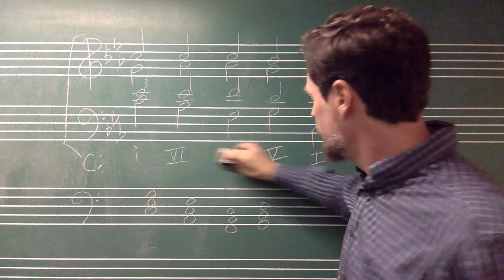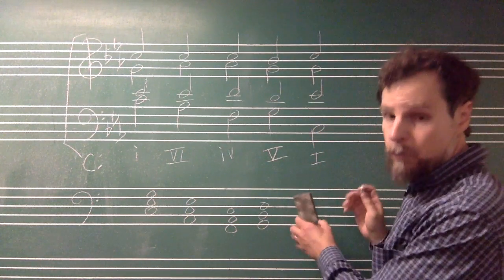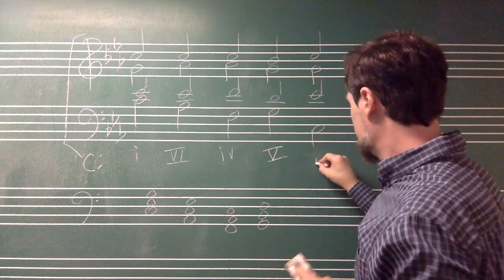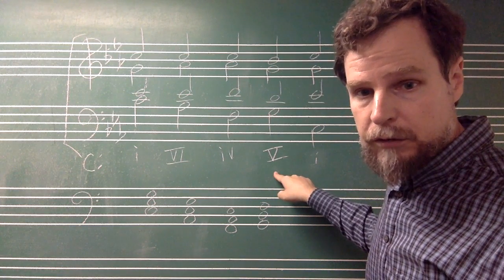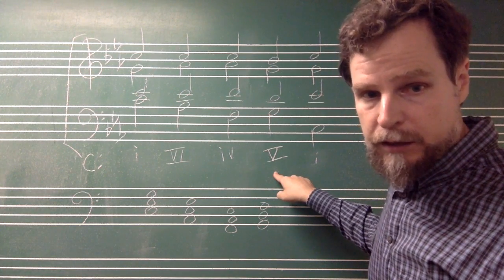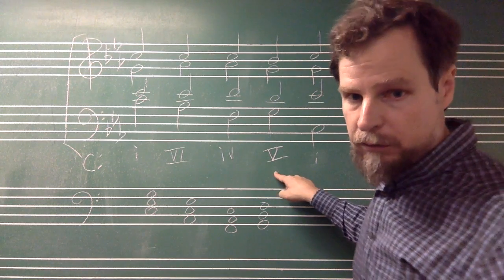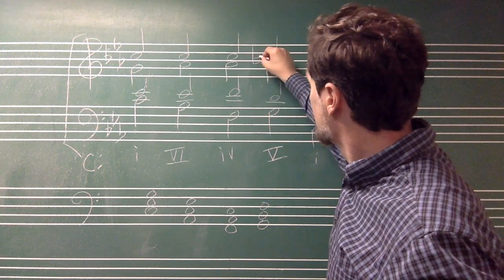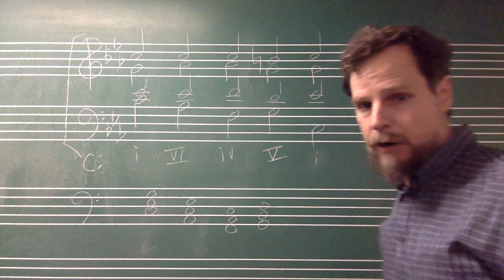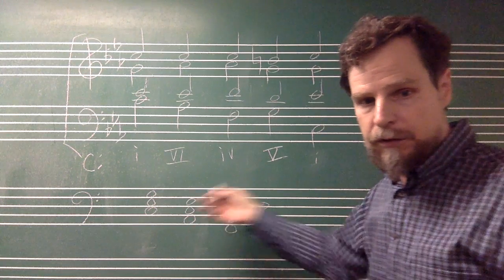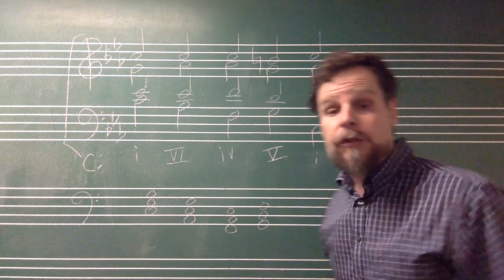My 4 will be minor, and my final 1 will also be minor. However, I will keep my 5 major, so the way that I do that is to write in the leading tone, and the leading tone to C is B natural. So when we're in minor, we use our harmonic minor scale to get these harmonies. Other than that, the voices move the same way.